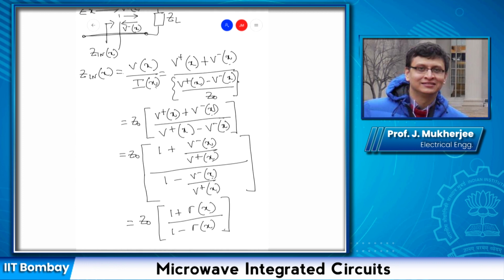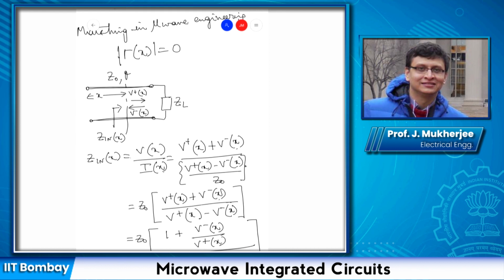Now at this point, at x equal to L, Zin of x is equal to ZL.